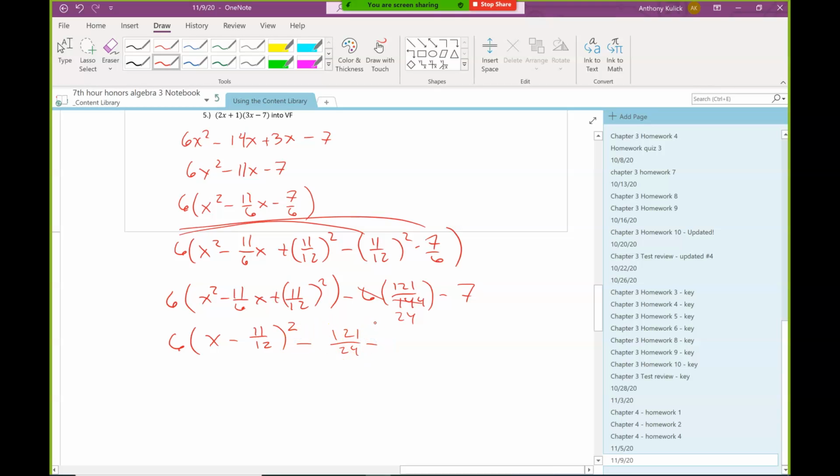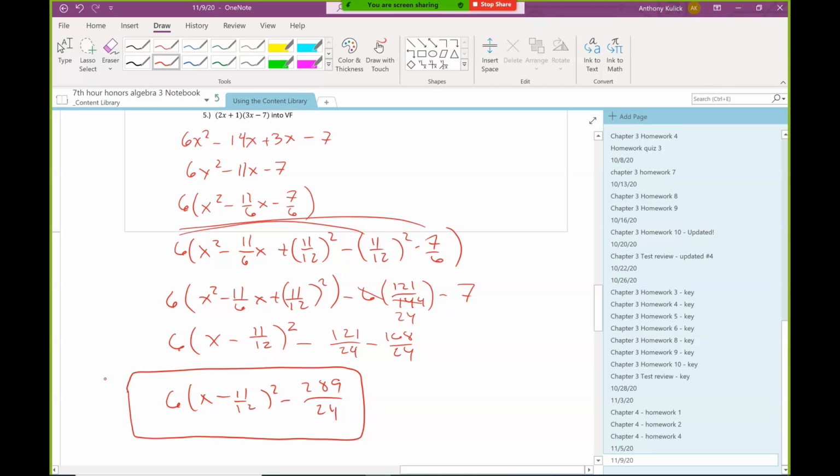And then if I make a common denominator with the 7, 7 times 24 is 168, I think. And that's 289 over 24. And does that reduce at all? I don't think it does. I think that's probably as good as we can do.